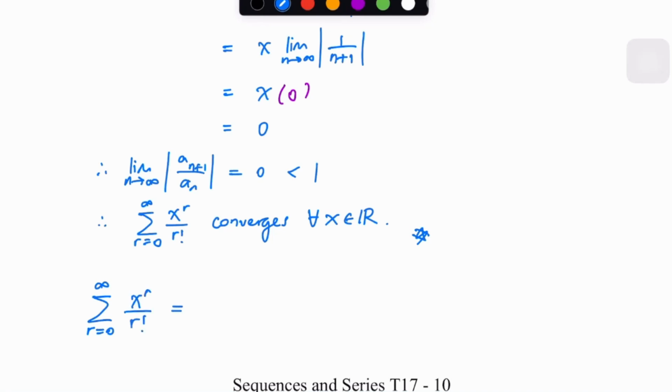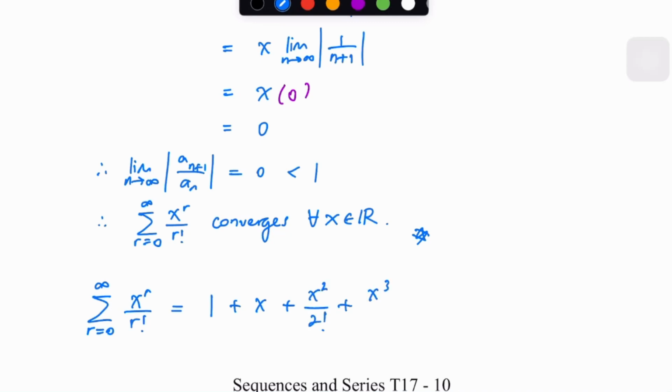So what's the sum to infinity? If you cannot see it, then you do it term by term. So this r, you start with 0. So x^0 over 0 factorial is 1. When r is 1, x^1 over 1 factorial, so plus x over 1. When r equals 2, it will be x squared over 2 factorial.